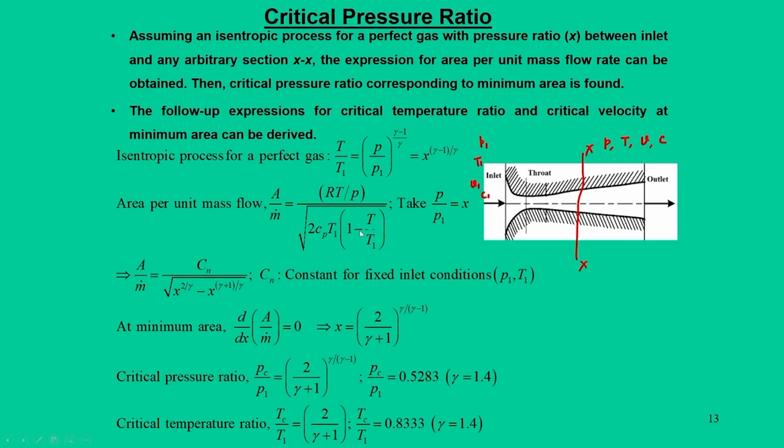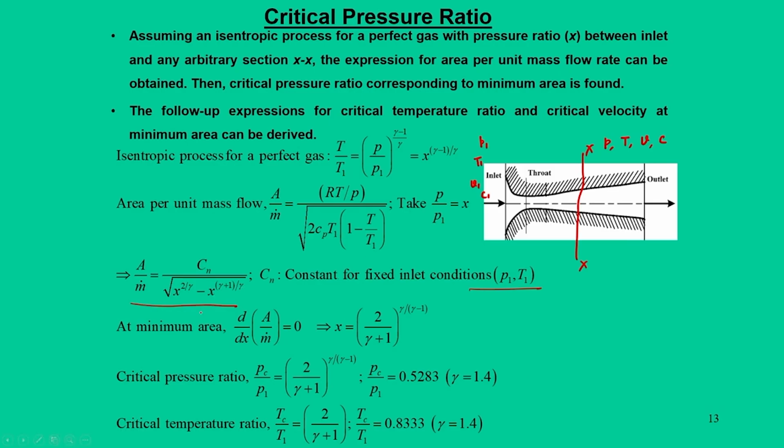Putting this in, we can find the area per unit mass flow rate, and by expressing the temperature ratio in the form of a pressure ratio, we arrive at the expression A by m dot is equal to Cn, a constant for a given inlet condition, divided by the square root of x to the power 2 by gamma minus x to the power gamma plus 1 by gamma.